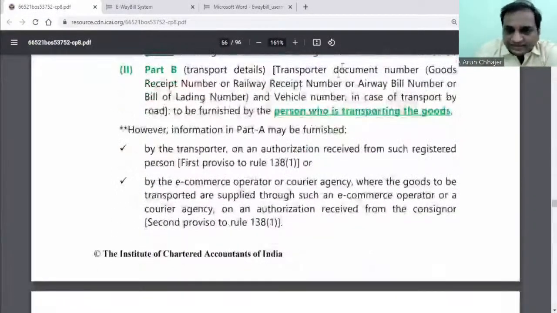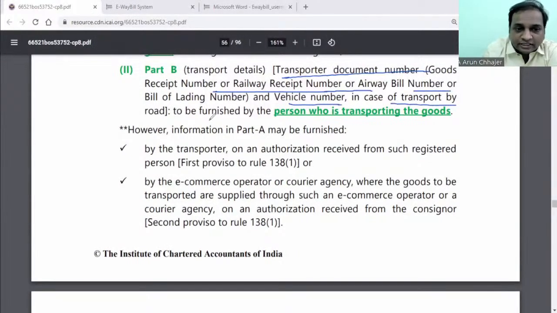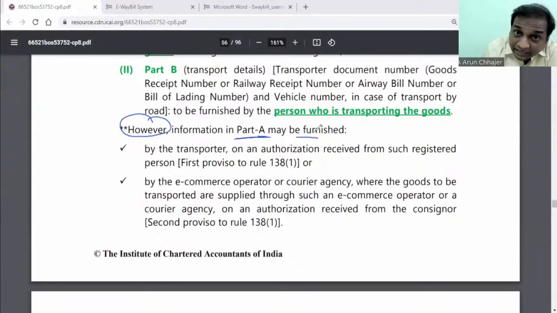Part B, I have discussed what all the information is to be entered, like transporter document number, GRN, railway receipt number, airway bill number, vehicle number in the case of transport by road. Yes, please note one thing. We have discussed how part A may be furnished.